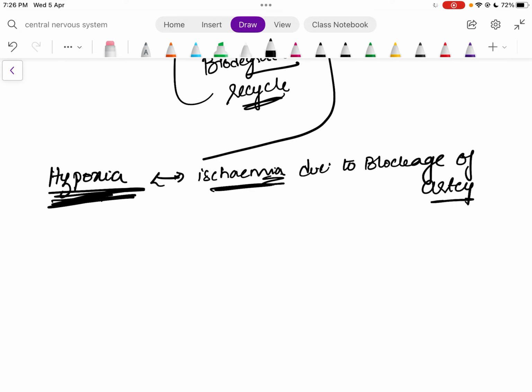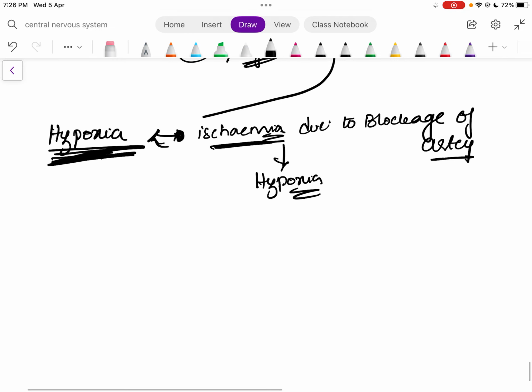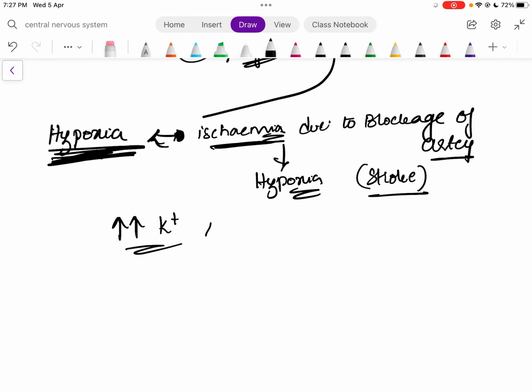Whenever there is a blockage of artery, the patient will have hypoxia, and this is called a stroke. Due to this stroke, there will be increased potassium levels in the extracellular space surrounding a neuron.